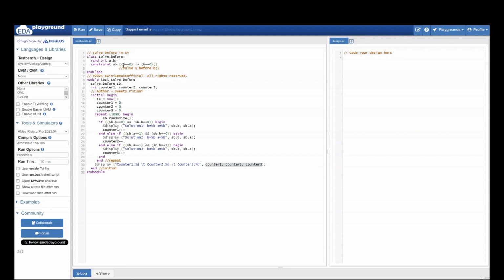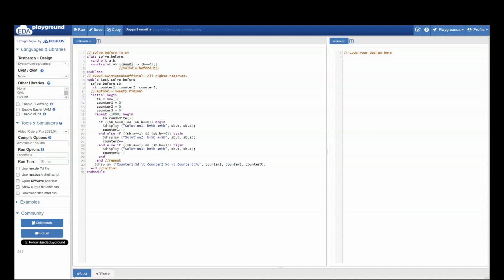One thing which we saw, when we don't use solve before, is that whatever solutions are there, the solver generates them with almost equal probability. Here, since A and B are 1-bit variables, A can take value either 0 or 1 and B can take value either 0 or 1. So 2 into 2 should be 4 combinations. But then we also have a constraint which says when A equal to 0, B should always be 0.